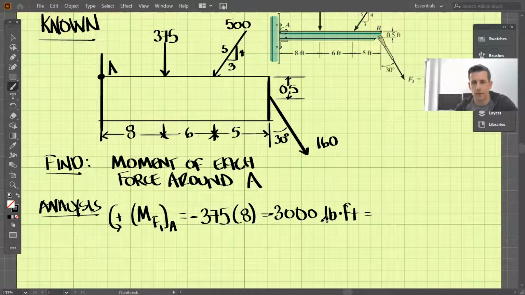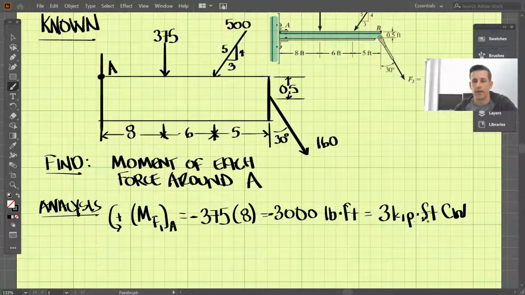If we remember that 1,000 pounds is 1 kip, we can write this just as 3 kip feet clockwise. So we got rid of the negative by putting the clockwise notation at the end there. So that's one of our answers here.